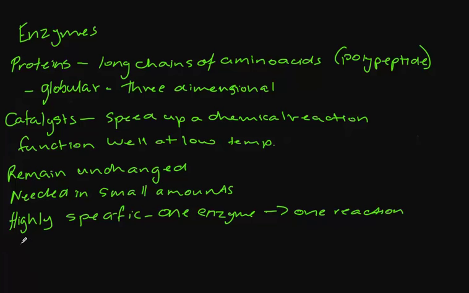And finally, enzymes often work with what we call coenzymes. So they may need a coenzyme. Coenzymes are non-protein parts, and these non-protein parts could be vitamins, or they could be metal ions.